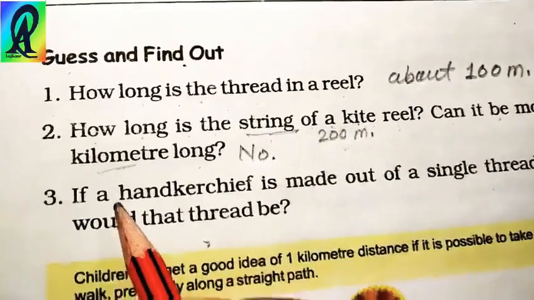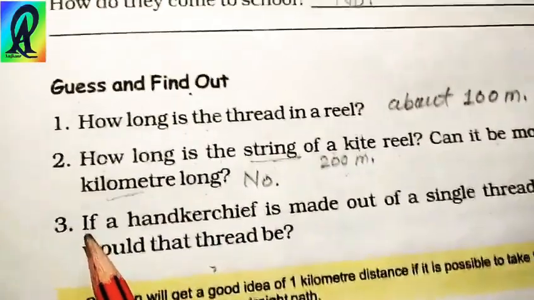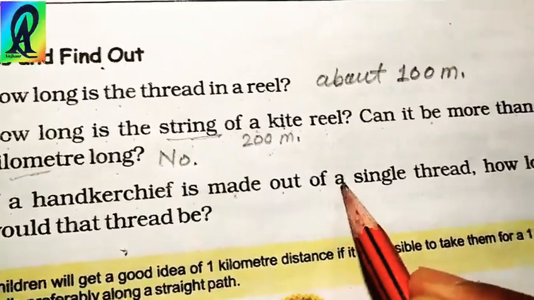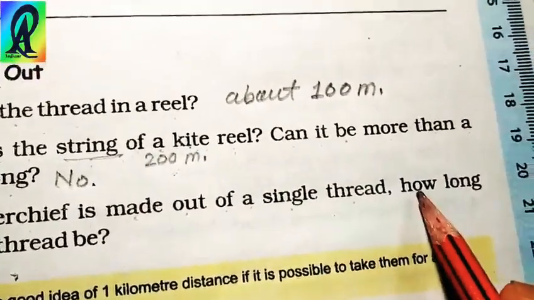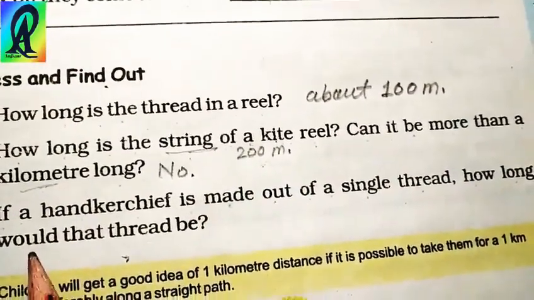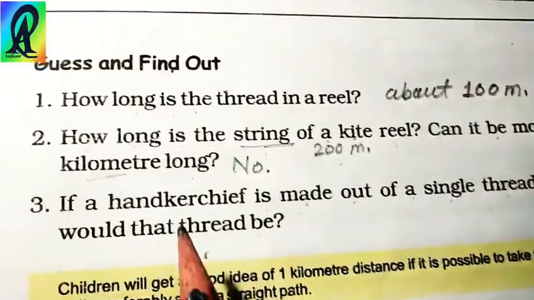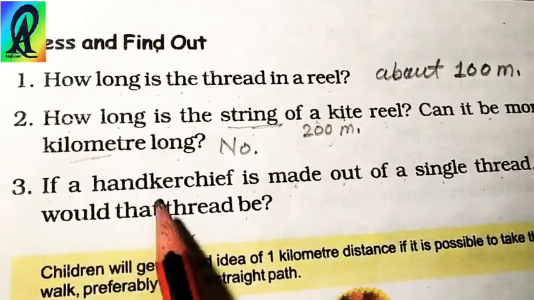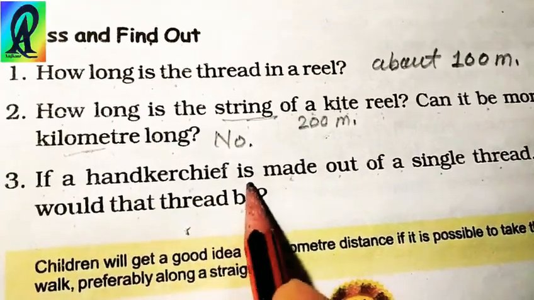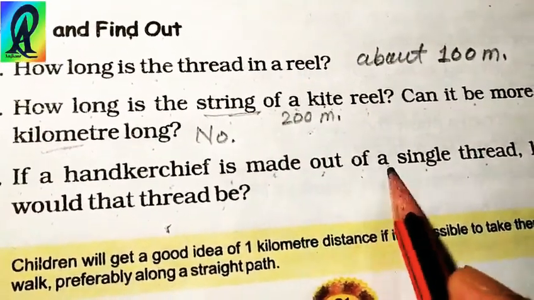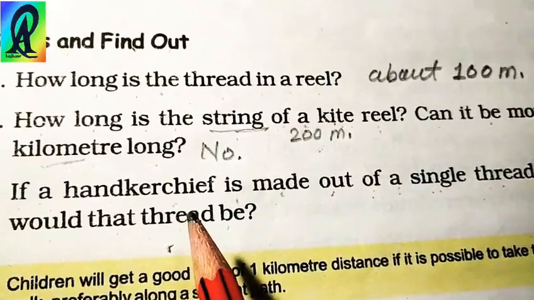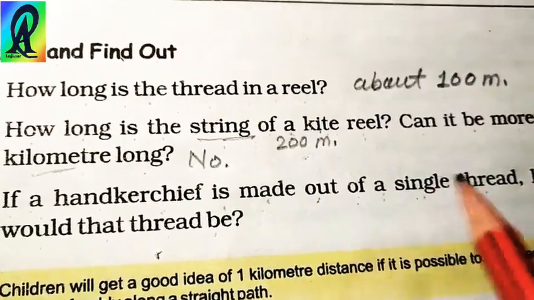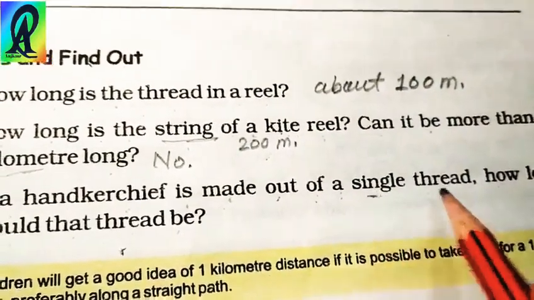And next question is, if a handkerchief is made out of a single thread, how long would that thread be? Here, first of all, you can see a handkerchief is made out of a single thread. So now, can you guess the length of that single thread?